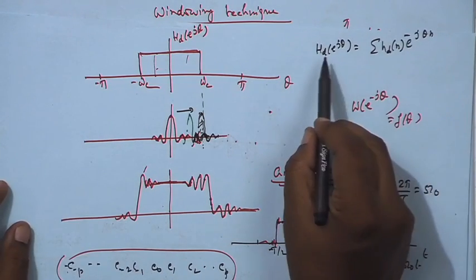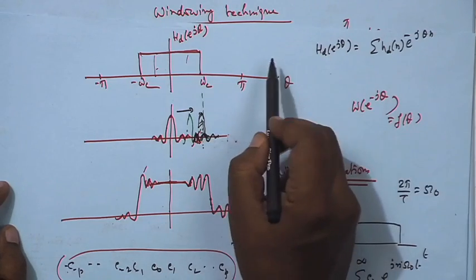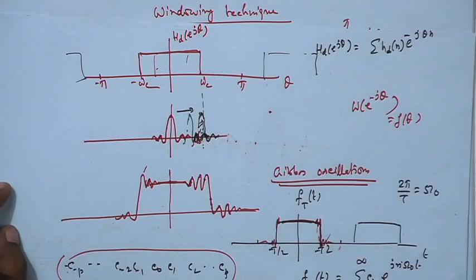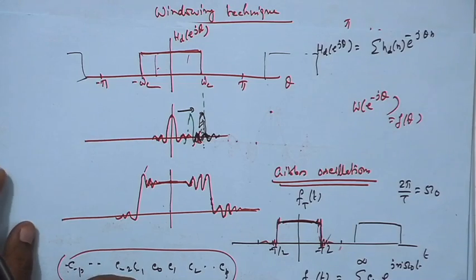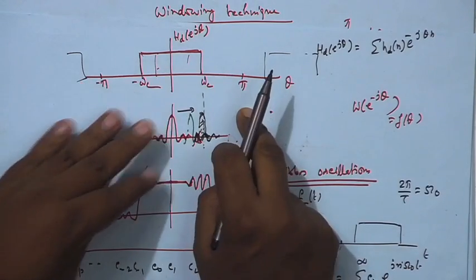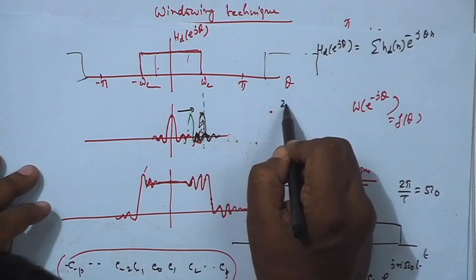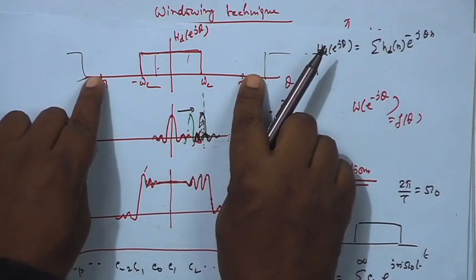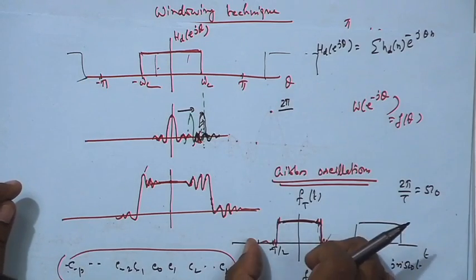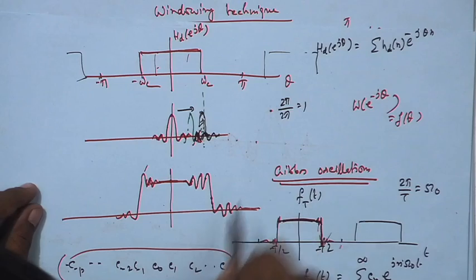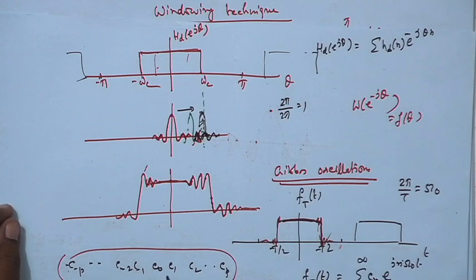But H d e to the power j theta is a function of theta, and we know it is a periodic function. DTFT is periodic over a period 2 pi. So, it is like it was a function of t, now it is a function of theta. What is the fundamental frequency? That time it was 2 pi by T, now it is 2 pi by 2 pi. So, omega 0, the fundamental, is 1.